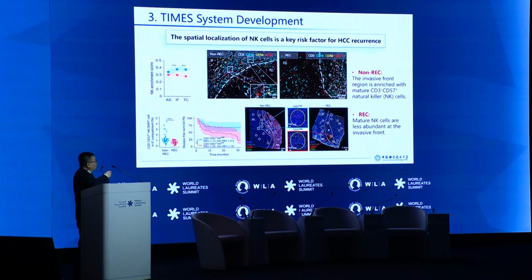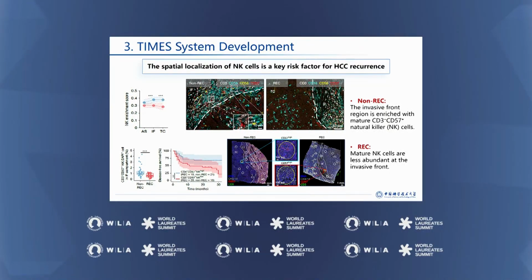So for non-recurrence patients, the invasive front region is enriched with mature CD3 negative and CD57 positive NK cells. For recurrence, mature NK cells are less evident at the invasive front. So we analyzed these 2 different groups.